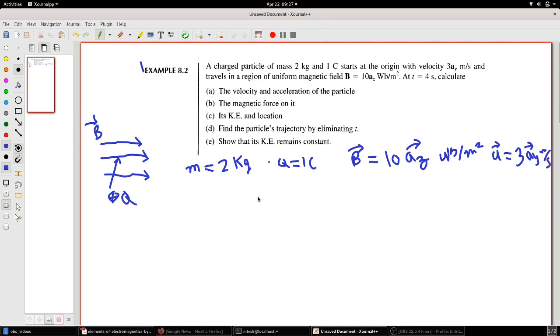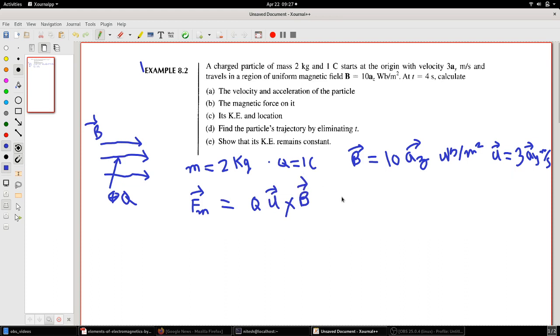Okay, this is given. So what you are told is to find the velocity and acceleration first. So let's look at the formula first. What you know is the magnetic force Fm is given as Q U cross B, right? This is known.